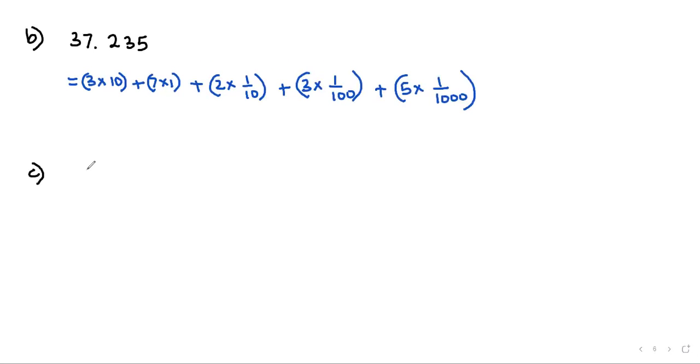You can learn 3 different methods. It's good for you to know many things. I don't want to limit you. Let's have, in part C, we have 4.6289. Okay, let me write 9 very well.